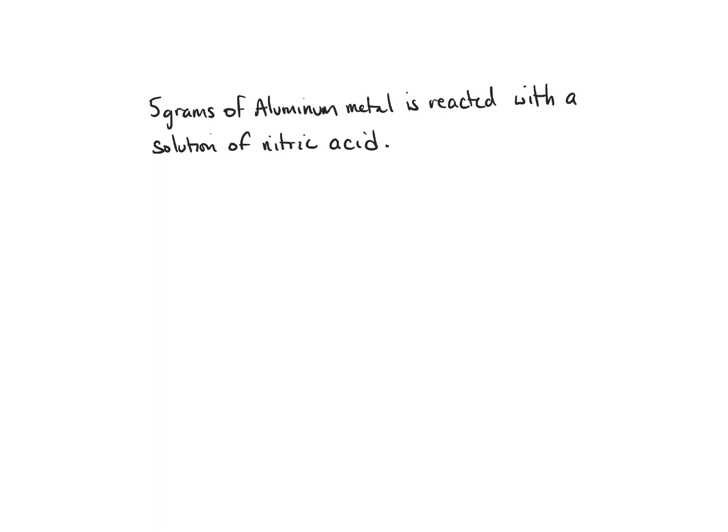Okay, so we've got this reaction. We've got the aluminum plus the nitric acid yields aluminum nitrate plus H2. We've got 3 of those, 2 of those, 6 and 2. So again, what this reaction is going to usually ask is how much gas can I collect?